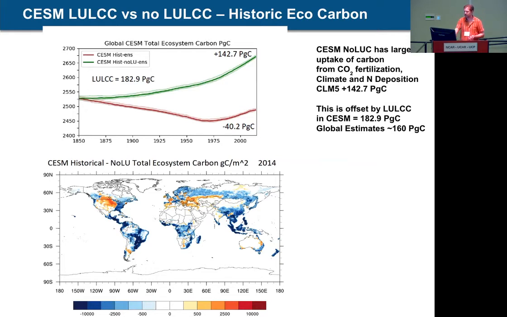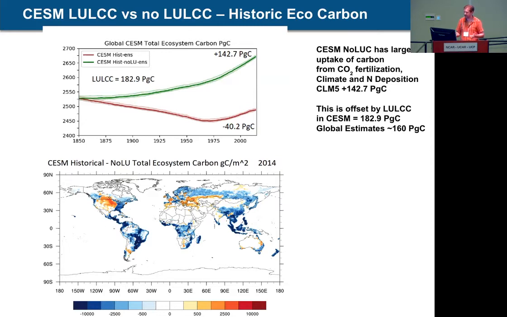What you can see is that without land use and land cover change, we have this big drawdown of carbon as the forests respond to the elevated CO2 and increases in nitrogen deposition from fossil fuel emissions. About 142 petagrams of carbon gets taken up in a world where we don't do land use. But in the world where we do land use, we lose about 40 petagrams of carbon.